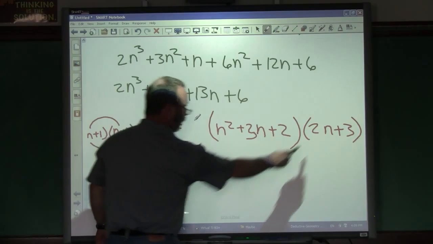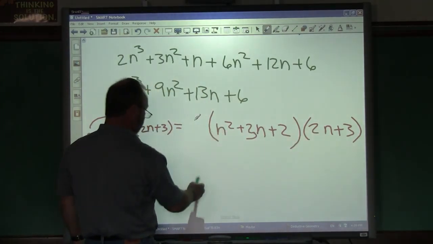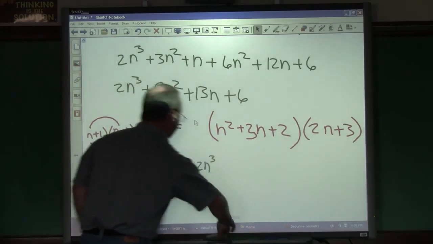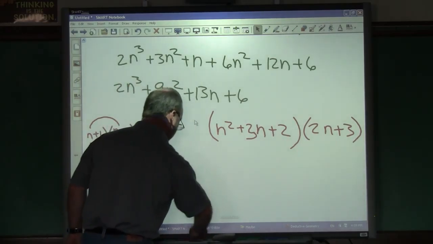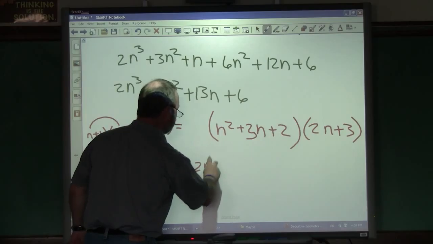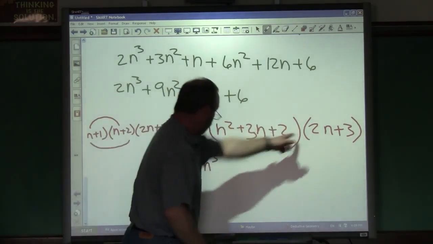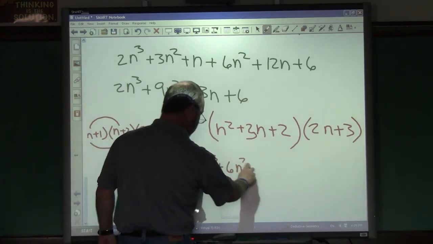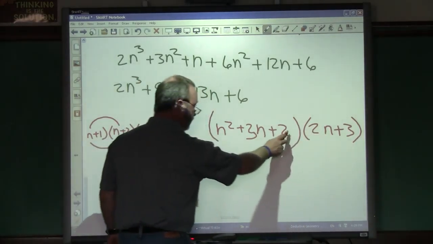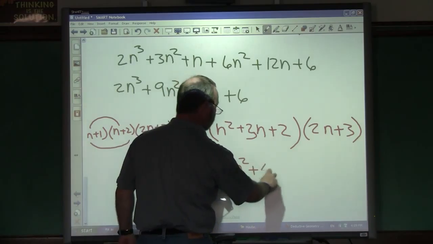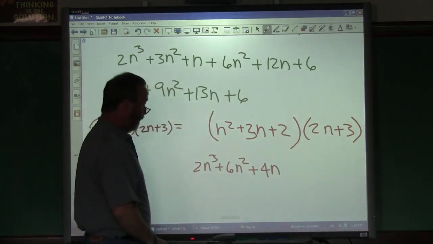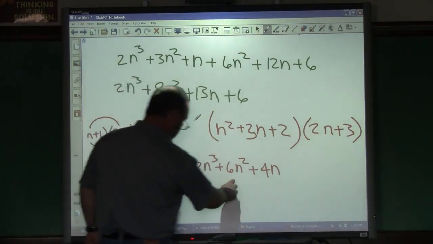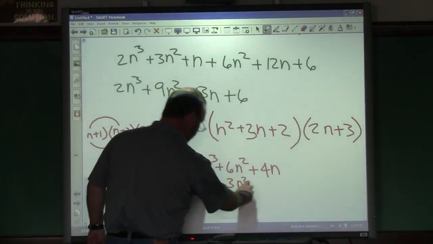So we have 2n times n squared gives me 2n cubed. I have 2n times 3n gives me 6n squared. I have 2n times 2 gives me plus 4n. I have 3 times n squared gives me 3n squared.